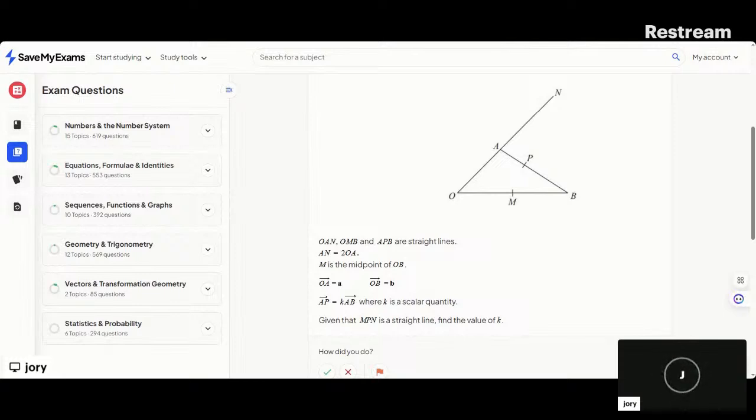Then AP also equals... wait, I need a straight line.